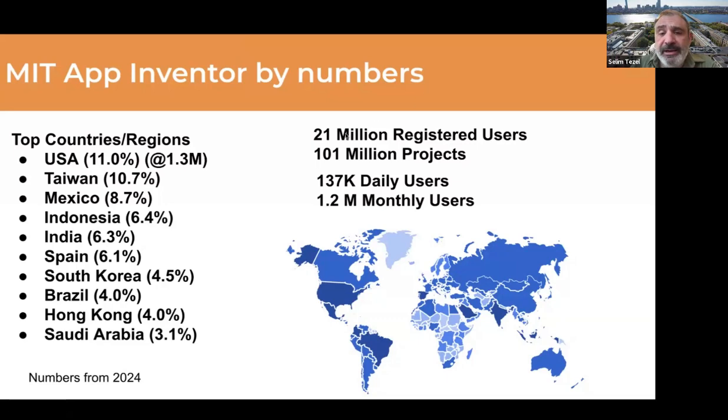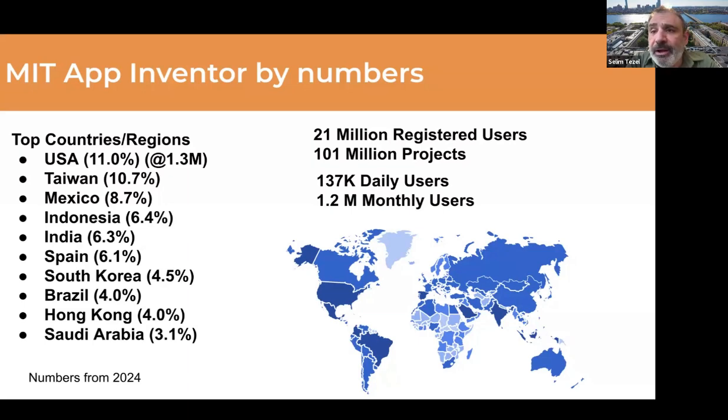We have right now 21 million registered users. And since the inception, about 101 million projects have been created. So our daily usage is around 137,000 users. The monthly users is about 1.5 million, but the last 2 months, for some reason, it was 2.5 million.